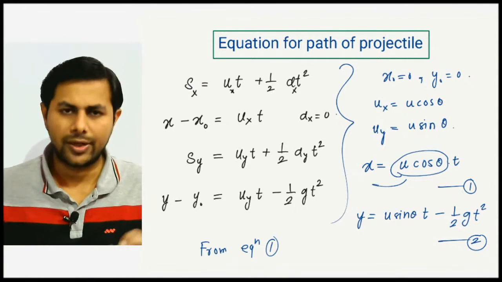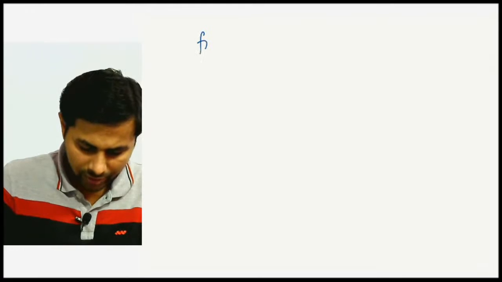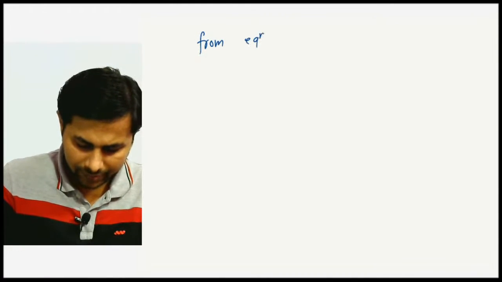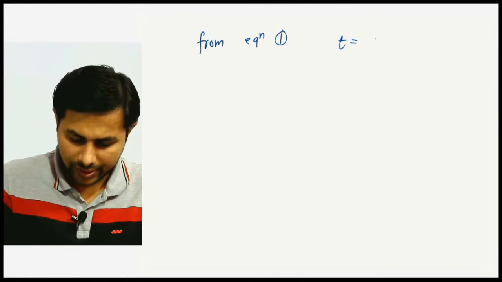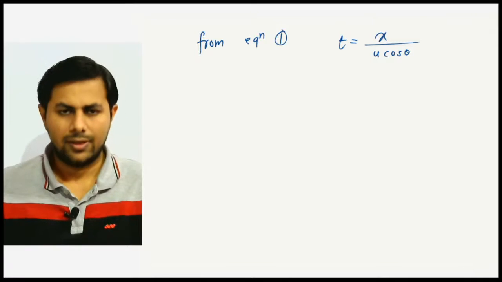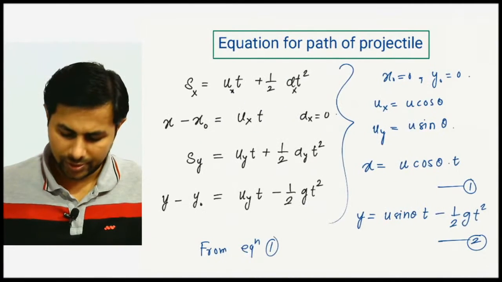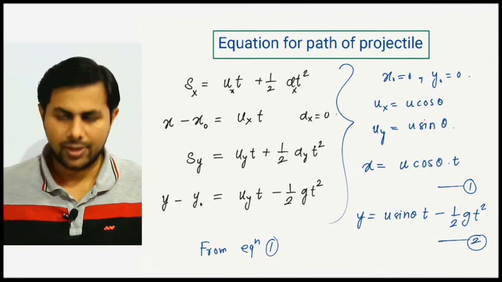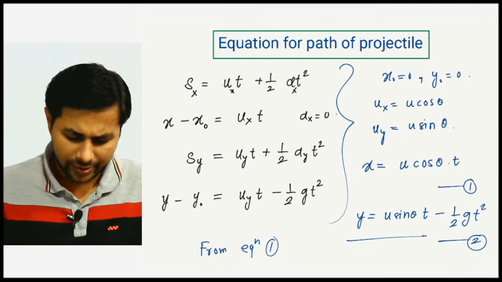So I get t equals x divided by u cos theta. Okay. So from equation 1, we get t equals x divided by u cos theta. And now if we substitute this into equation number 2, so our equation number 2 is y equals u sin theta into t minus half of g t squared.